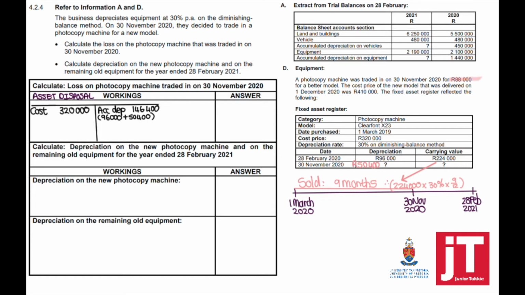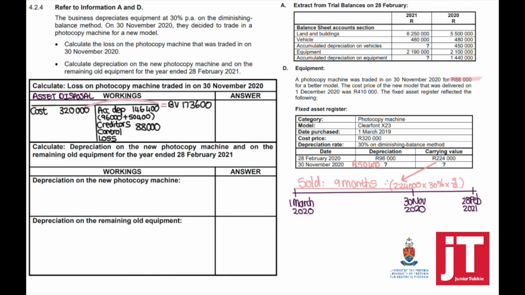Step number 4, record the selling price. The photocopy machine was traded in for 88,000 for a better model. So my selling price, because it's traded in, my details will be creditors control. This is not required, just for explanation purposes.